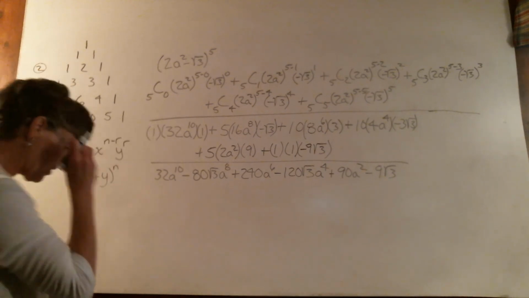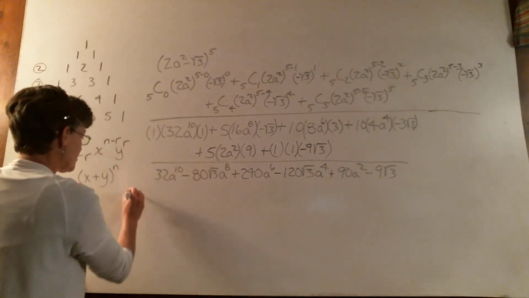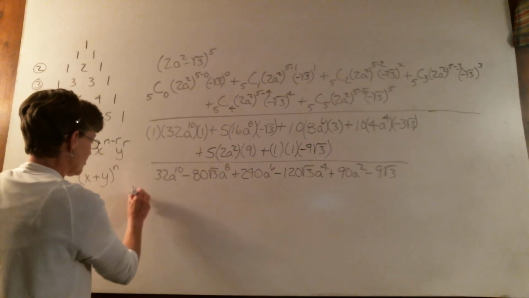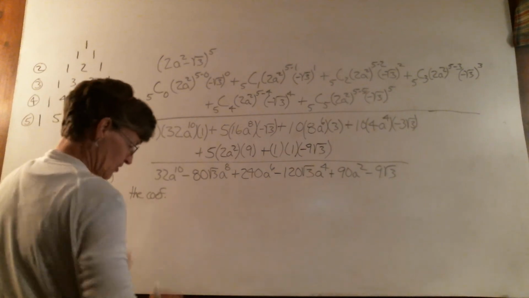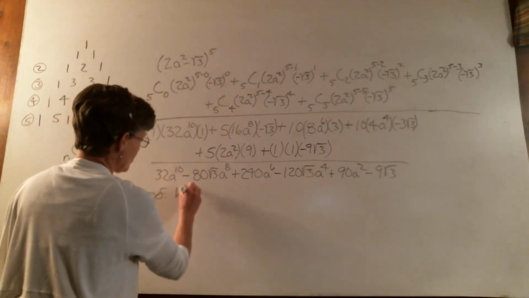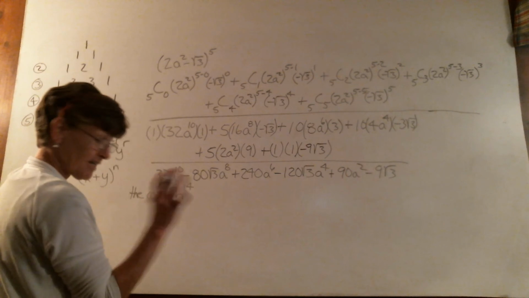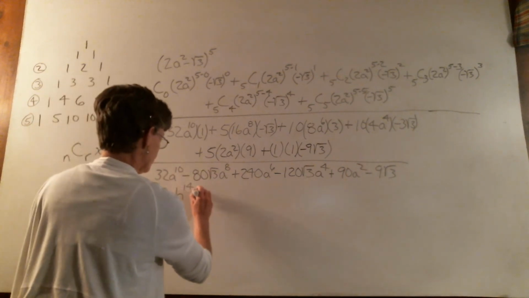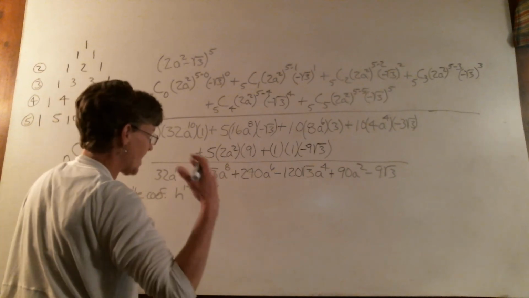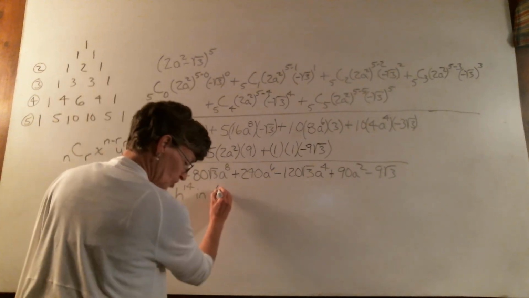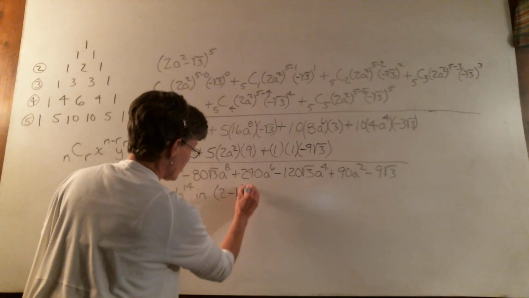Now, one more quick thing. Let's suppose that we want to find the coefficient of h to the 14th power in the binomial expansion of 2 minus h squared to the 15th.